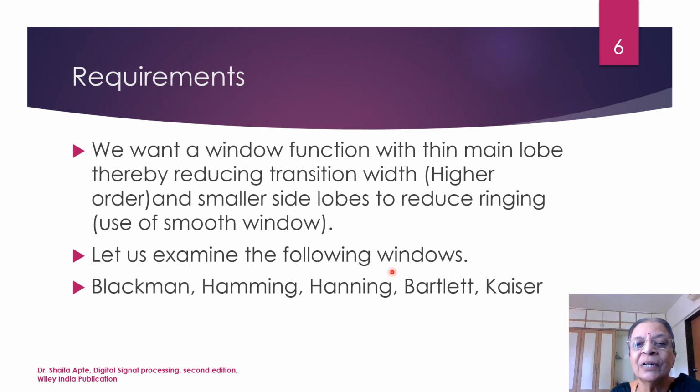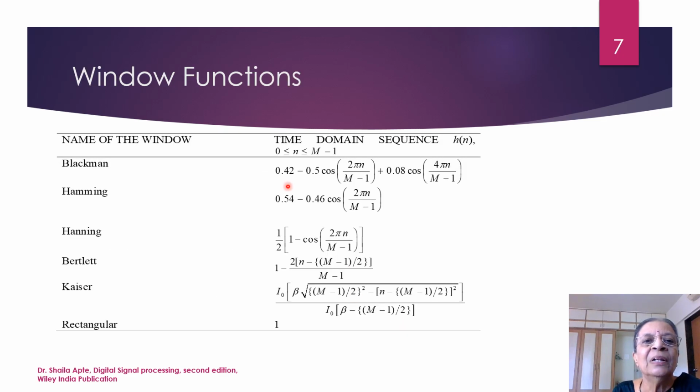So let us concentrate on the following windows: Blackman, Hamming, Hanning, Bartlett, and Kaiser window. Let us consider the window functions. These are the equations for the window. This is given for Blackman window, Hamming window, Hanning window, Bartlett window, and this is a Kaiser window. You can see that the function in the Kaiser window is very complicated. This is a Bessel function.